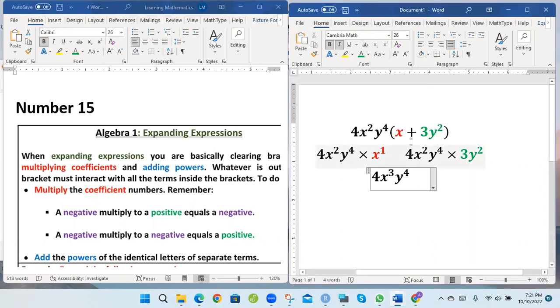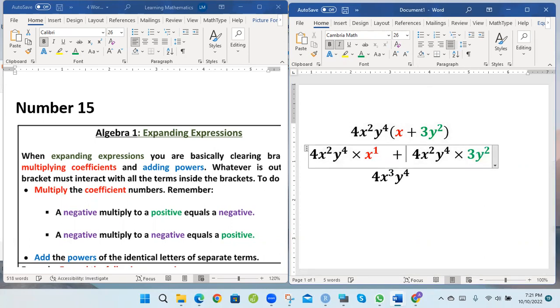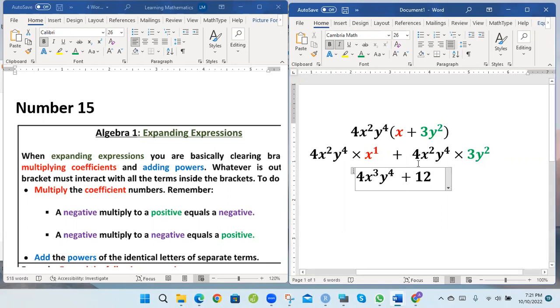Here now, what do we have? This is a plus, so that is plus 3. 4 times plus 3 will give us a plus 12. X squared remains x squared.